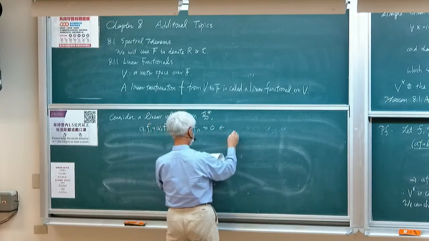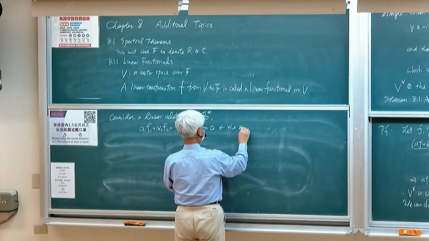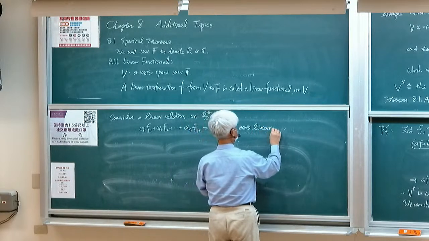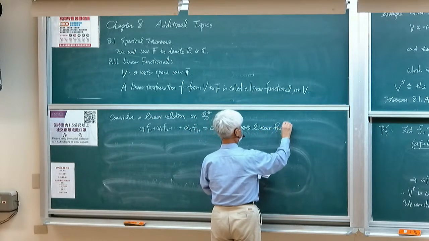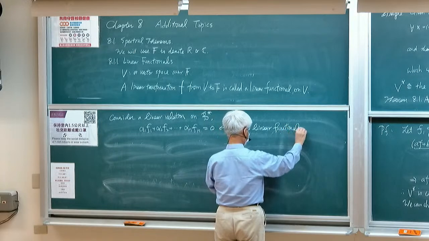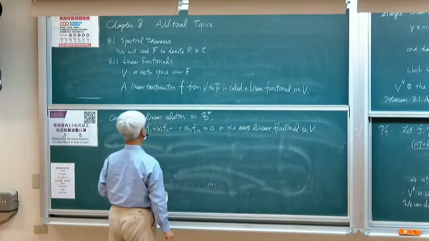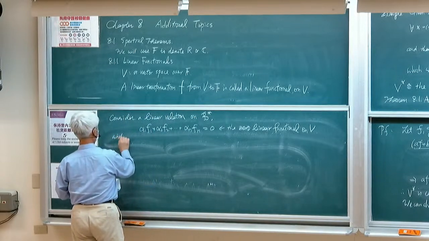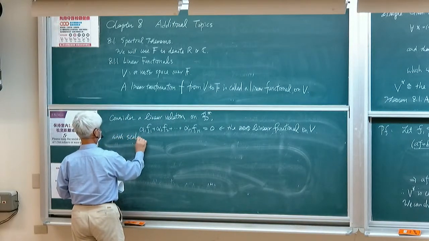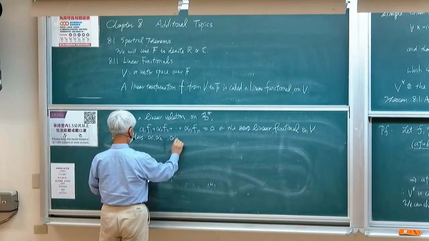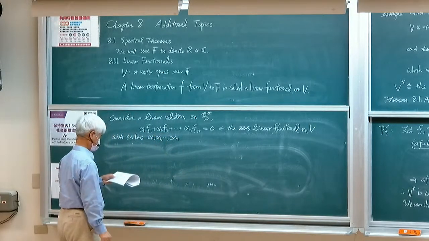This 0 is the zero linear functional on V, with scalars alpha 1, alpha 2, up to alpha n.